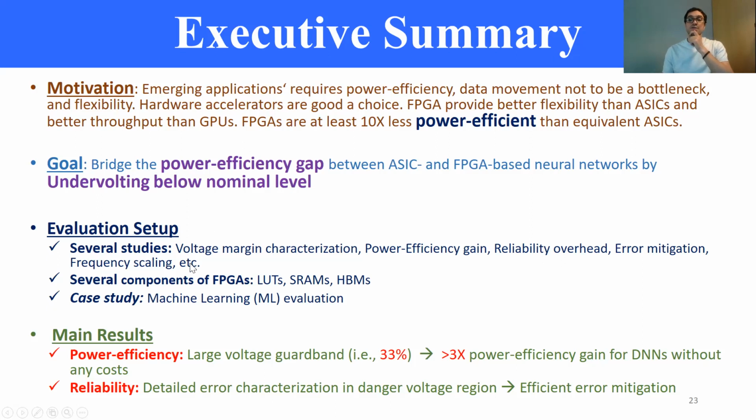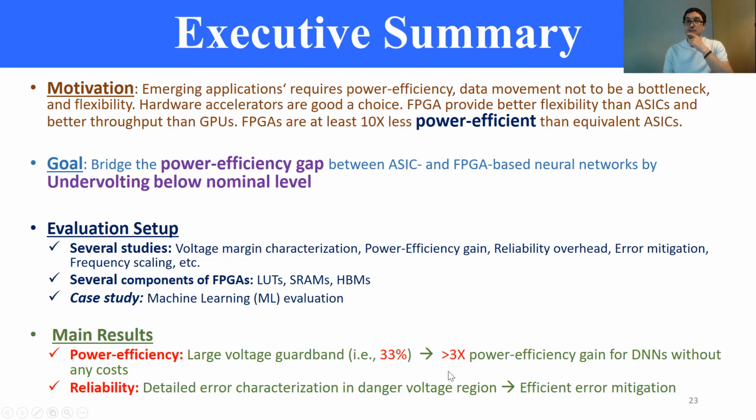We have evaluated this technique on real FPGAs. We realized a large voltage margin. We have evaluated the power and reliability trade-off, error characterization, mitigation, temperature, and frequency underscaling, and many different things for several components of the FPGA. And we evaluated it for machine learning applications.